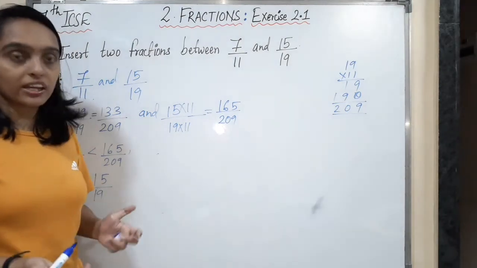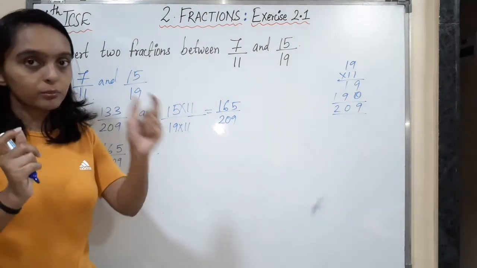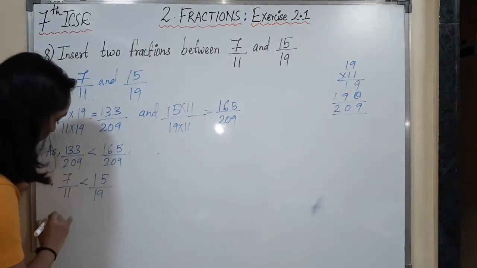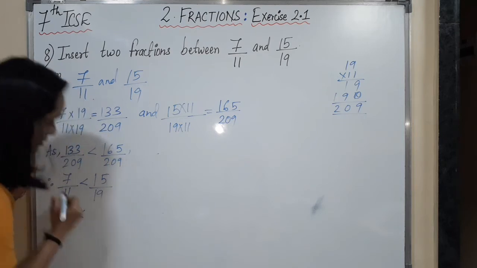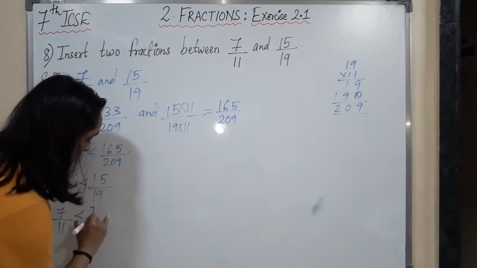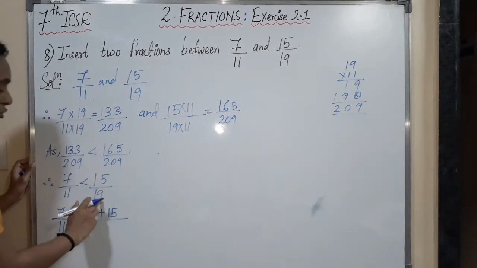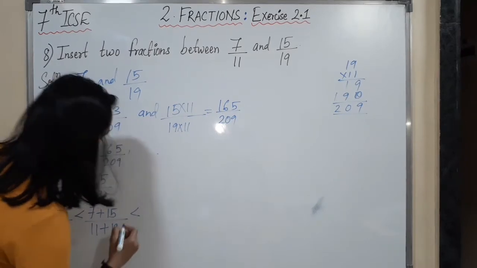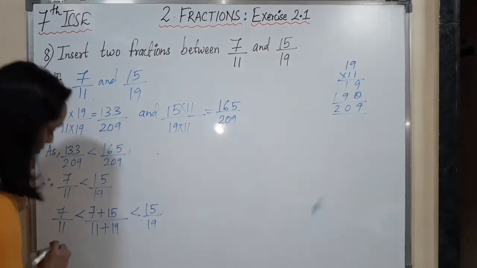Now to insert a fraction between these two fractions, we have to add numerator by numerator and denominator by denominator. So you will get 7 upon 11 is less than 7 plus 15, addition of numerators, upon addition of denominators, 11 plus 19, is less than 15 upon 19.